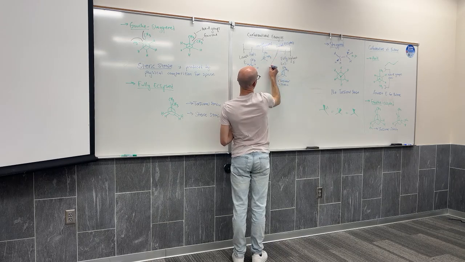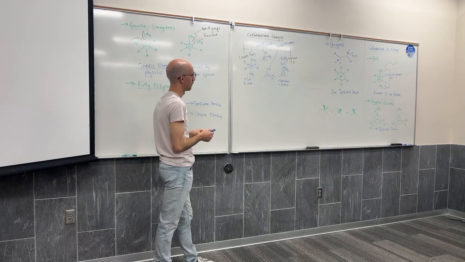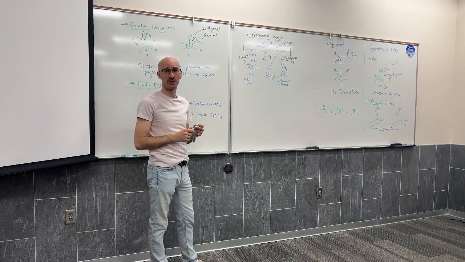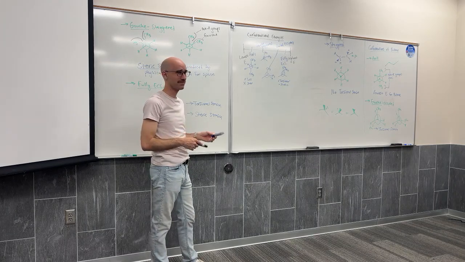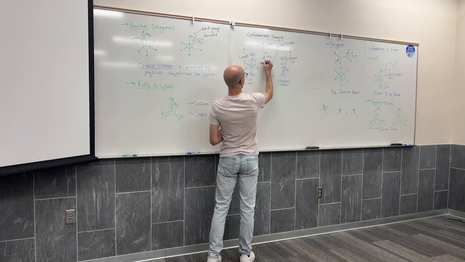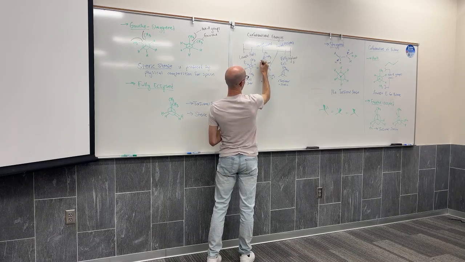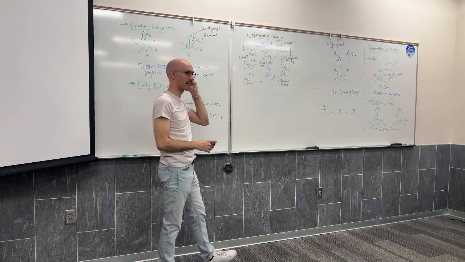I'm sorry, my drawings really got away from me. I apologize. That looks really bad. I hope you guys have more space on your page than I have on the board. Because now I wanted to go in and add things like, this has torsional strain, but no sterics. And this has, I said that exactly backwards, didn't I? Has no torsional strain, does have steric strain.